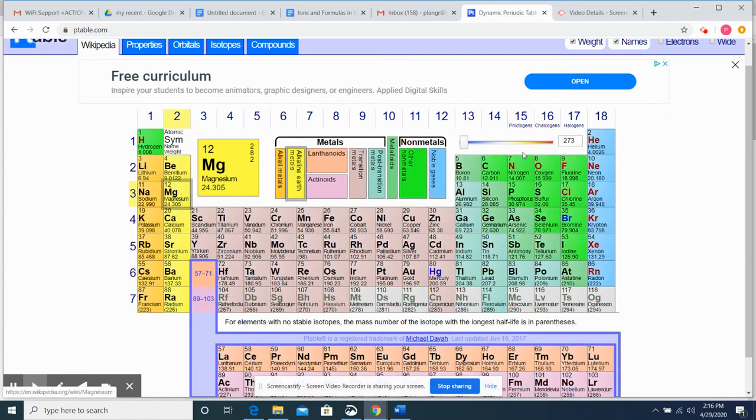And then I go over here to sulfur, and that is in group 6. And so that group 6 has a -2 charge. So I know sodium's a +1, sulfur is a -2 charge. And so we're going to have to remember that as we do this problem. So you're going to need to keep your periodic chart open or available on the side someplace, so that you can always know what these ions are.